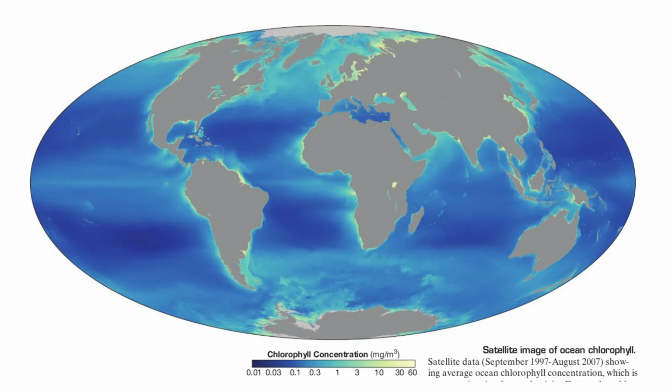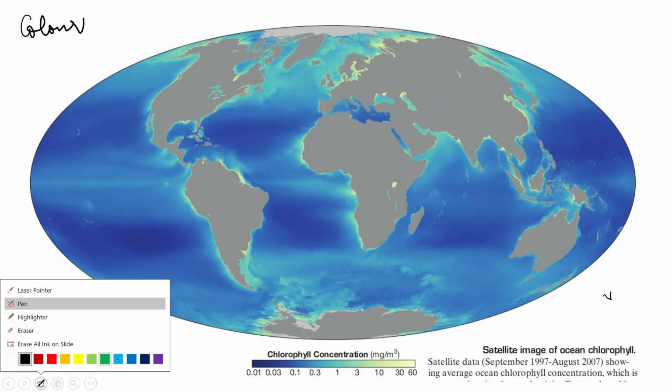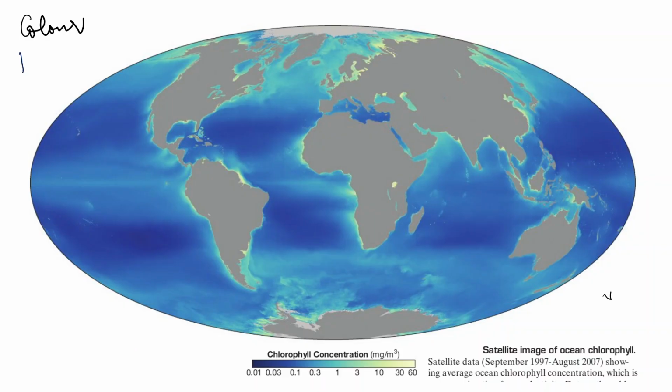What is the color of the water in the oceans, and how can you identify it? If we look at the color of the water in the ocean, it ranges from indigo blue to yellowish green. But remember, this is not the true color of the water.